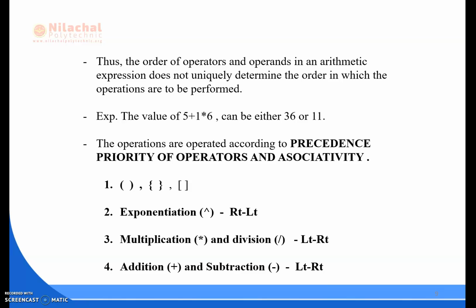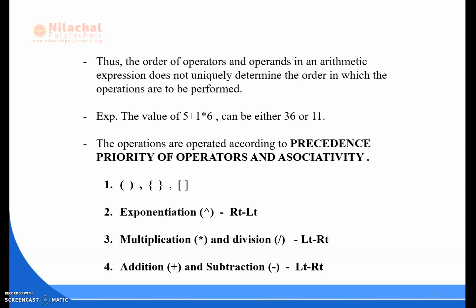There may be, for example, 5 to 7 operators in an arithmetic expression. Precedence priority means that among those operators, which should be given more preference or should be solved first. So we have a precedence priority according to which the operators will be solved in an arithmetic expression.